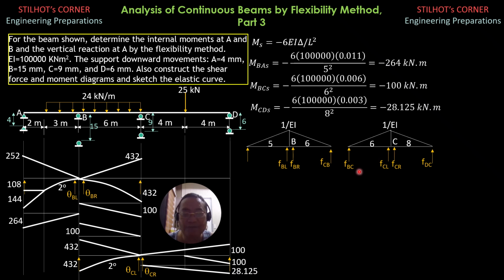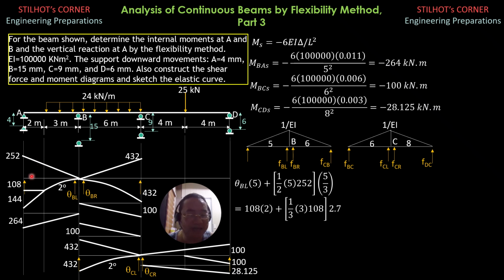So first, for theta B left, summation of moments about the left equals 0. Theta B left times 5 plus one half of 5 times 252, moment arm 5 thirds, equals 108 times 2 times 1.